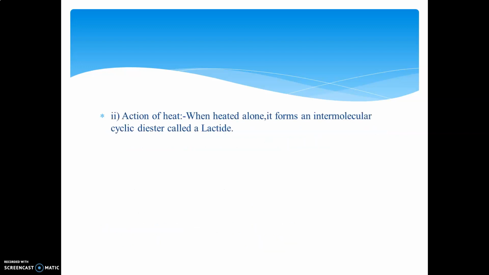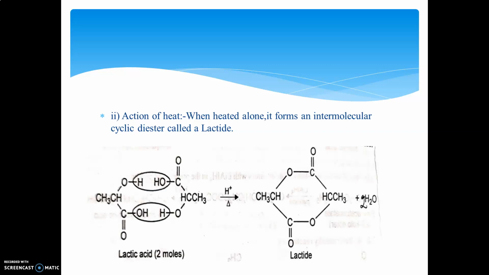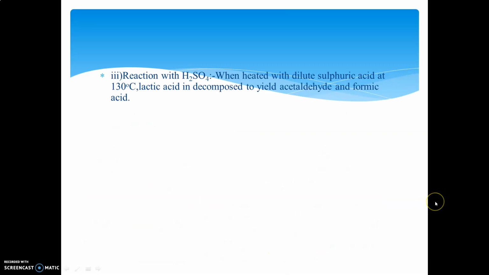Next is the action of heat. When heated alone, it forms an intermolecular cyclic diester called a lactide. Here the H and OH groups react, and H2O is removed. Here also H2O is removed. We get lactide. Reaction with sulfuric acid.